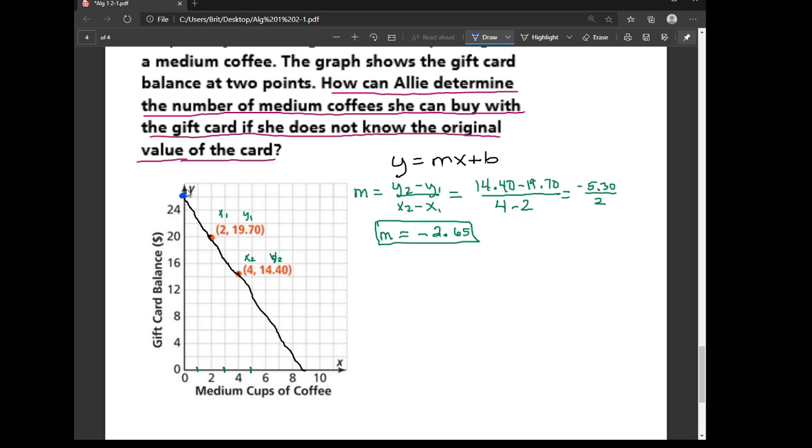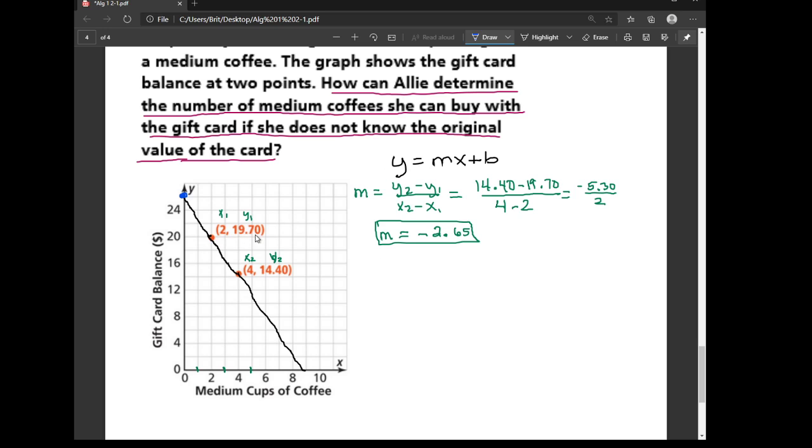So the balance of the card when there's 0 cups of coffee is the original value of the gift card. So I'm going to take one of these 2 points, use those x and y values and the slope that I just found, and that'll find me the original value of the gift card, which is kind of cool.